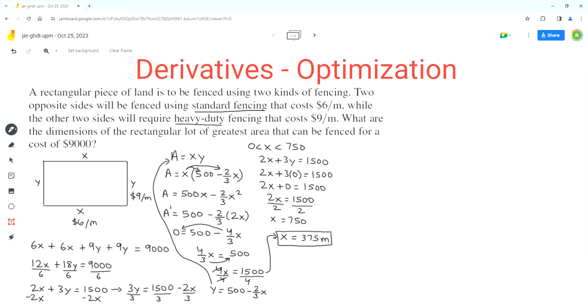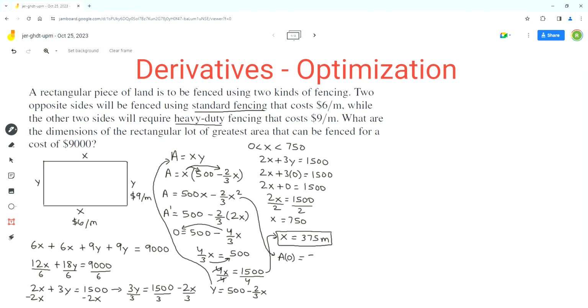Now we'll calculate the area of this rectangle at 3 x values: x equals 0, which is the lower limit for x, and then 375, and then 750. So let's start with area at x equals 0. So A at 0, we'll sub in x as 0 in the area equation, which is this equation.